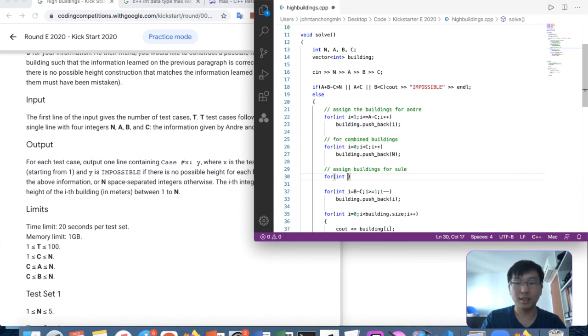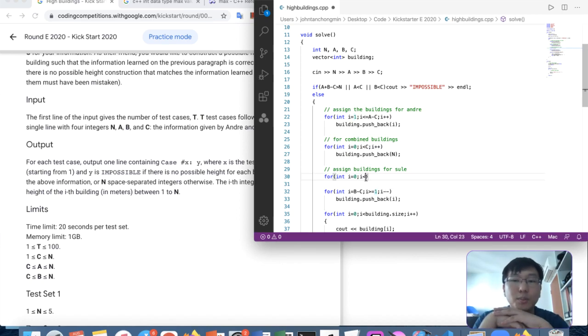So this buildings here should be blocked. So for int i equals 0, i smaller than, so we want these buildings to be blocked, right? Over here we have b minus c down to i greater equals 1.